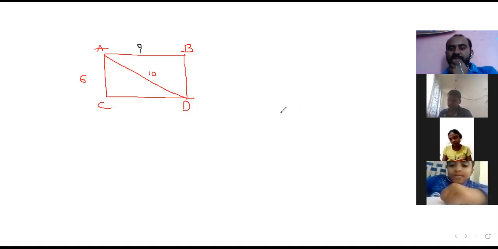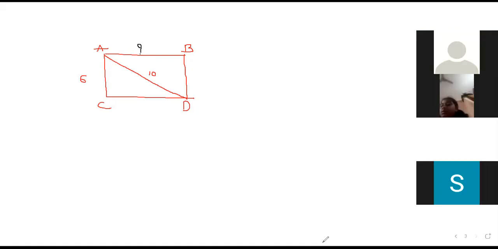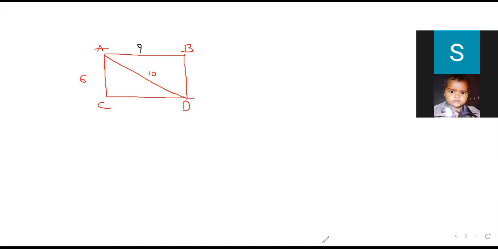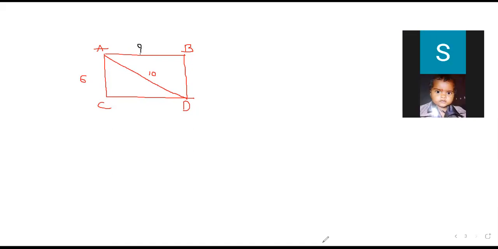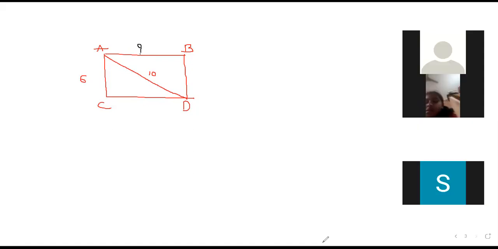So first look here. Can you try? Yes, try it. 1 minute time. Everybody try to solve the problem. Whether it is a correct or wrong answer, that is secondary, but everyone should try. Sir, answer 60.